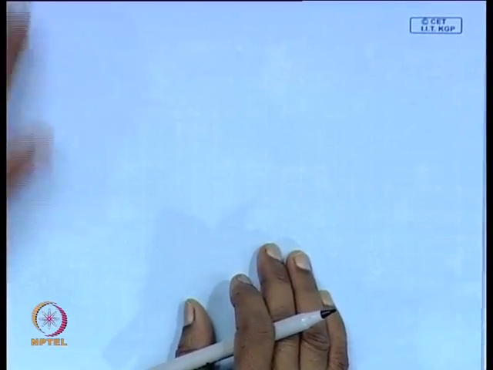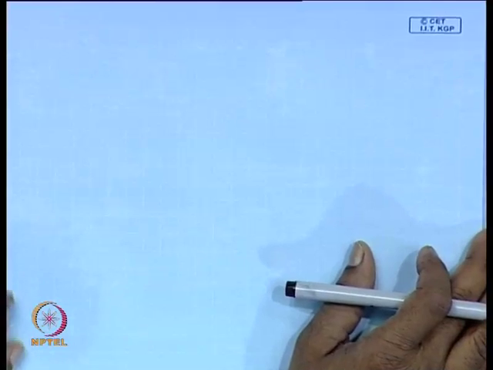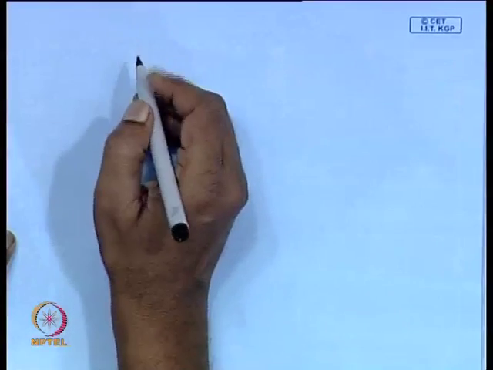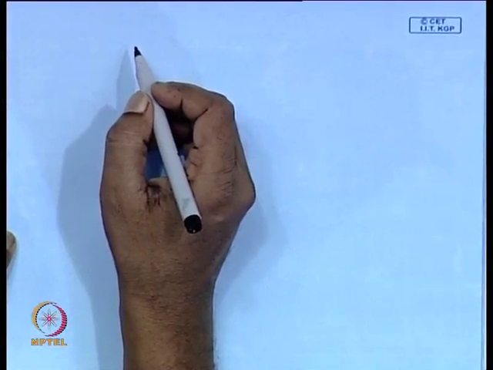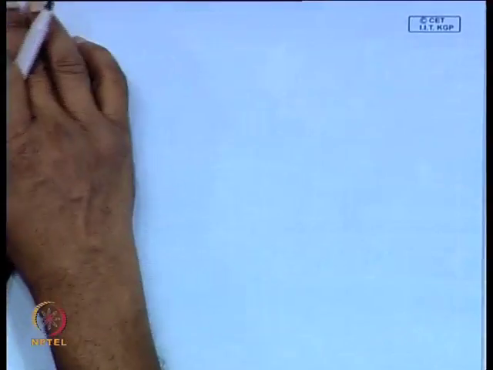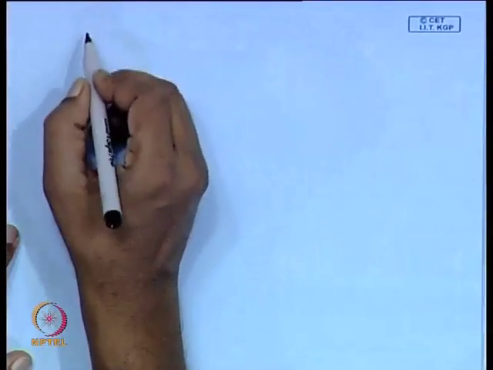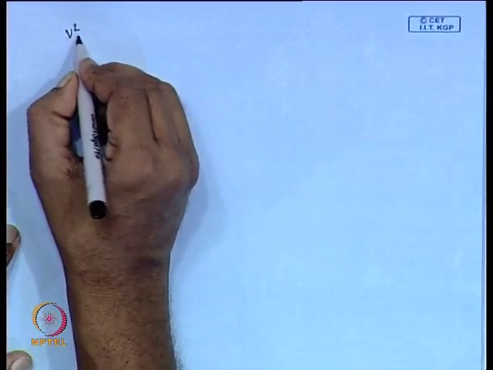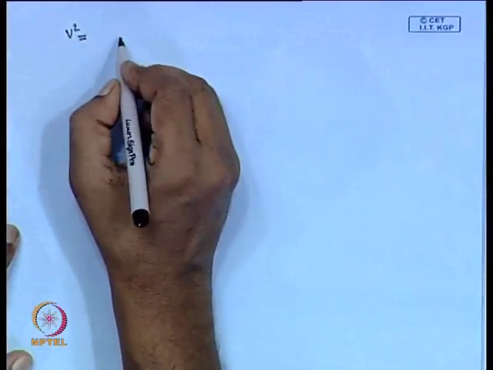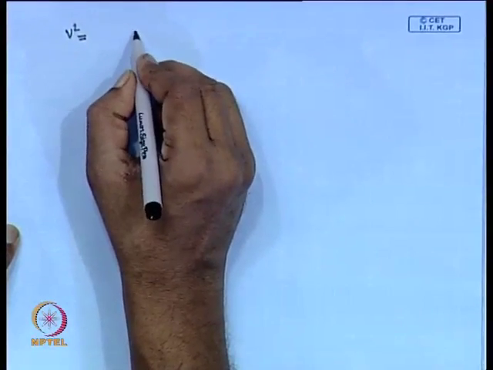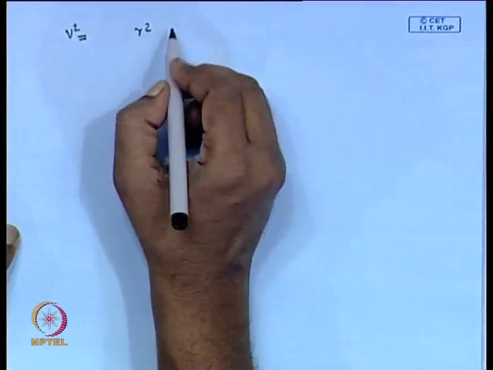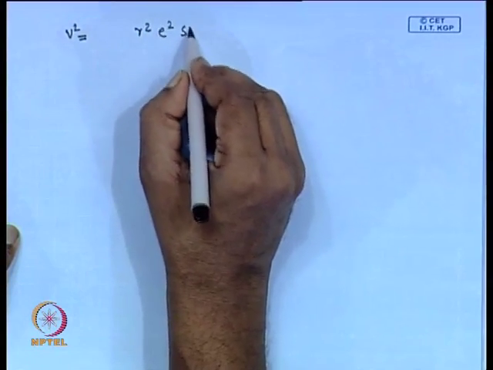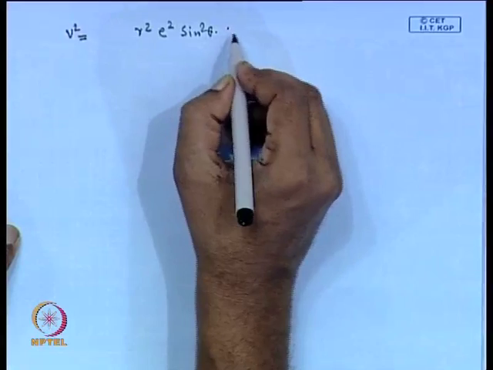So, further working this out, we know that L by 1 plus E cos theta is equal to r. So, substituting this value into the previous equation, that will give us r square E square sin square theta times theta dot square.